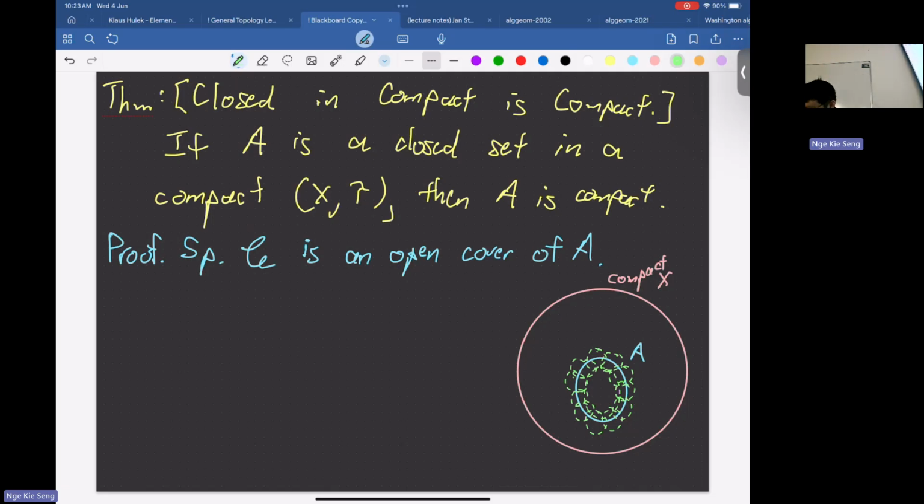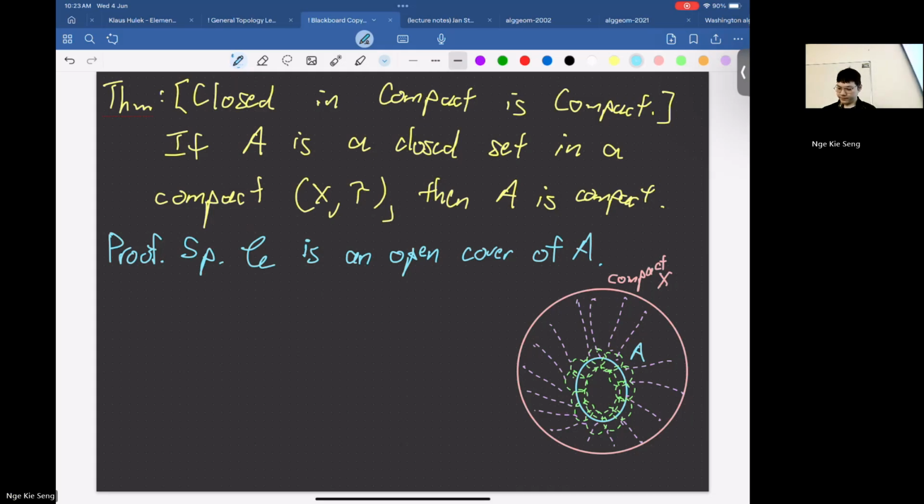Okay, so if you look at this complement, consider X minus A, which is open.